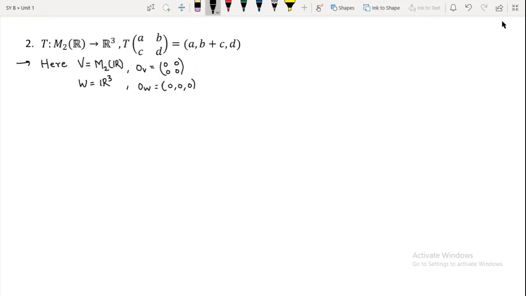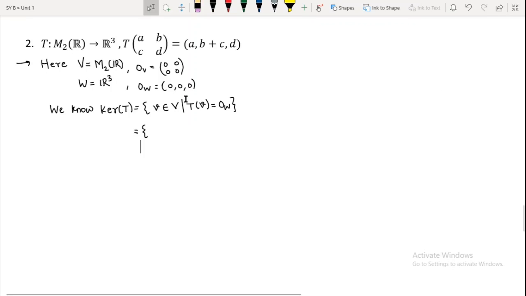Now, first of all, we'll find the kernel and then we'll go for the image. So let us recall the definition of kernel. You already know it till now. So which is further equal to, now what notation for V you are going to use here? This one, right? As I have explained to you in the last example.